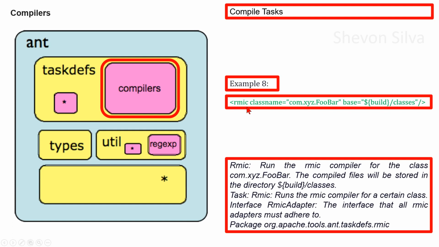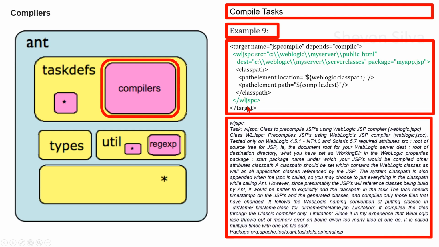The task RMIC runs the RMIC compiler for a certain class. With regard to the API, the interface RmicAdapter is the interface that all RMIC adapters must adhere to. This is in the package org.apache.tools.ant.taskdefs.rmic.